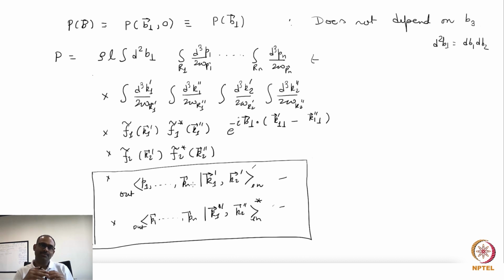I am assuming a final state which has n particles in it, with momenta P1, P2 and so forth. That is what you see here in this out state, and this was the expression for probability.